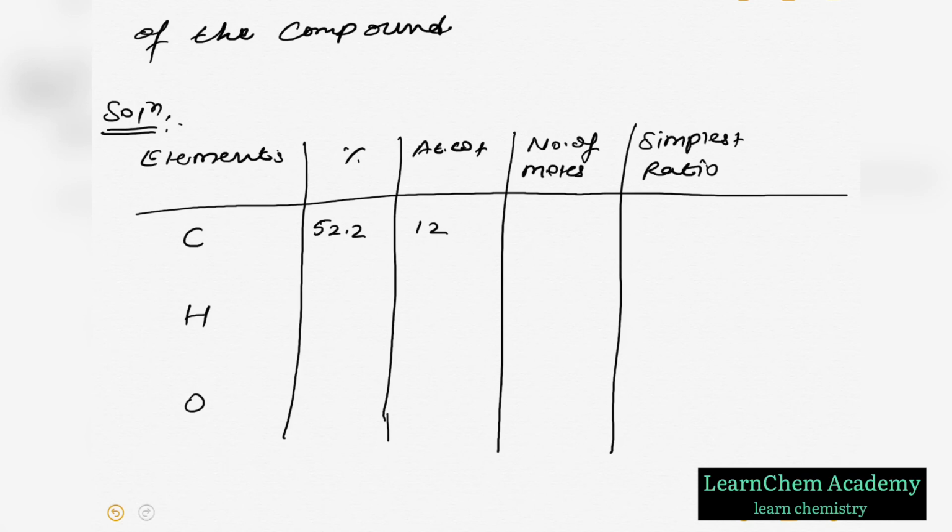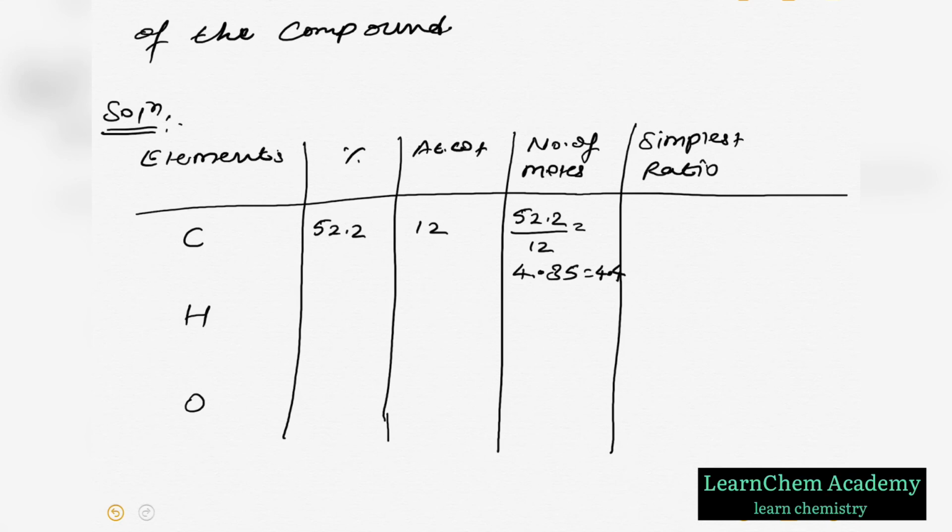We get the number of moles by dividing the percentage mass by the atomic weight. So 52.2 divided by 12, we will get 4.35, which is approximately 4.4.